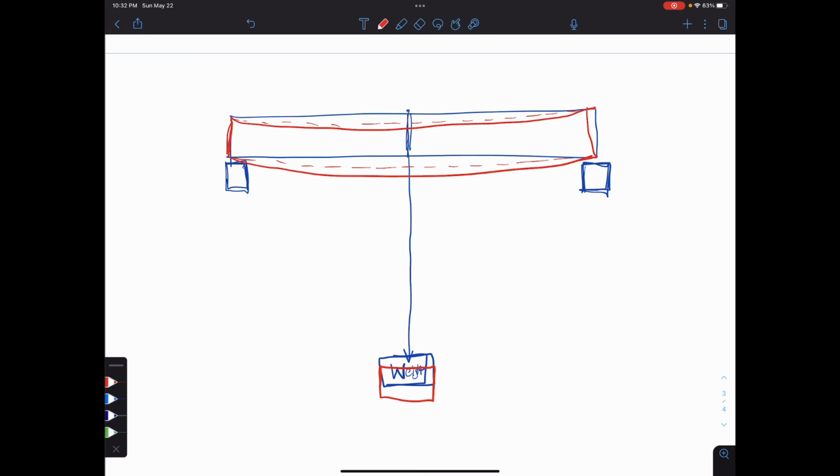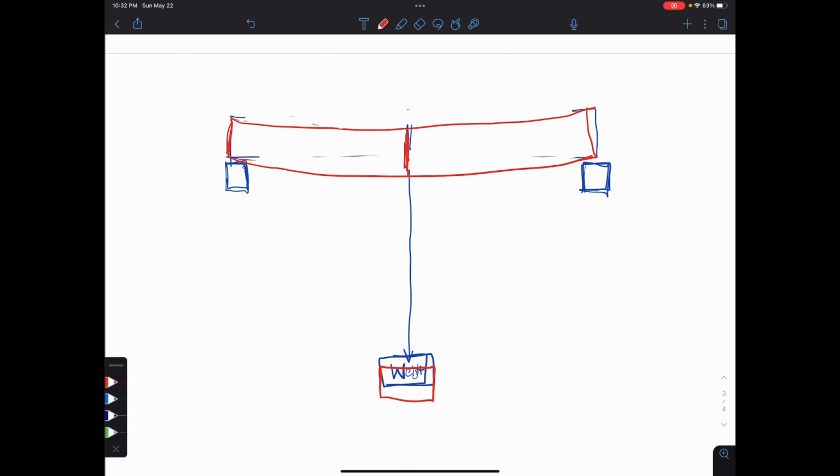Let's imagine for now, we're leaving the weight on there. And in fact, why don't we erase the rest of it so that our diagram isn't confusing. All right. So there we go. That's a little less confusing. So our beam has taken on this deformed shape.